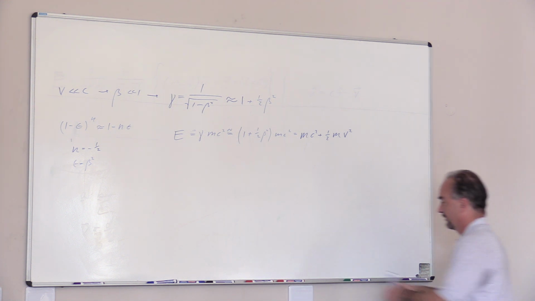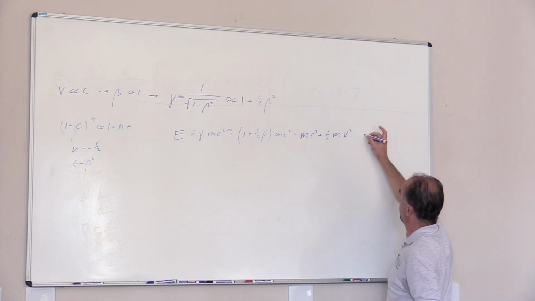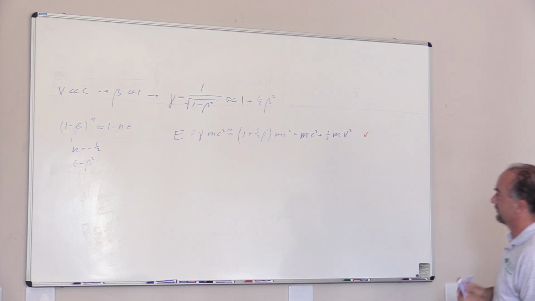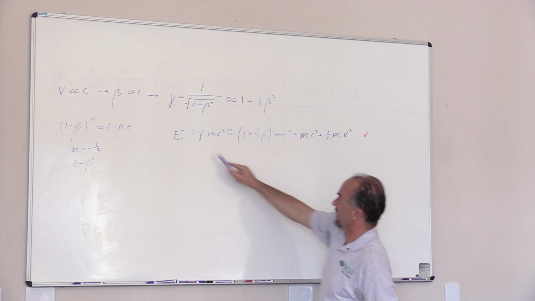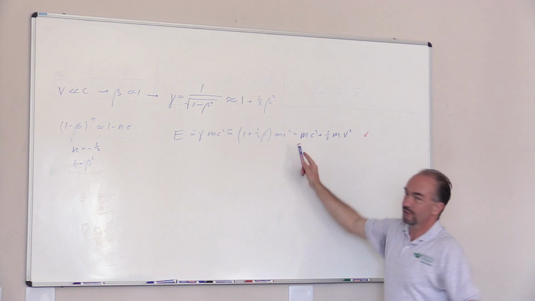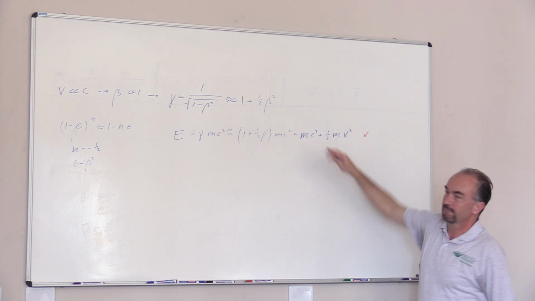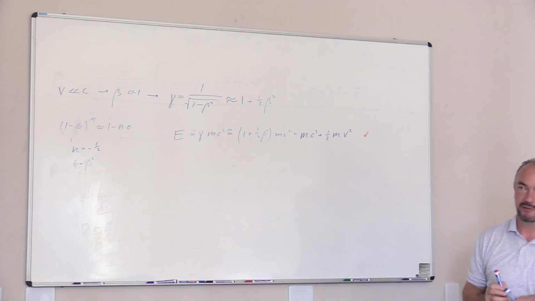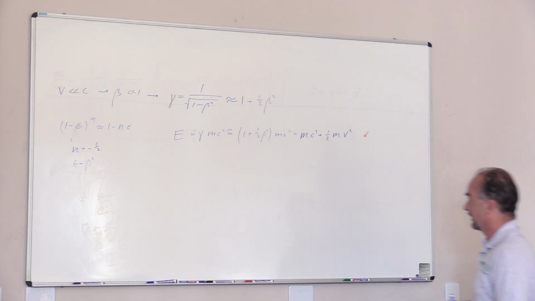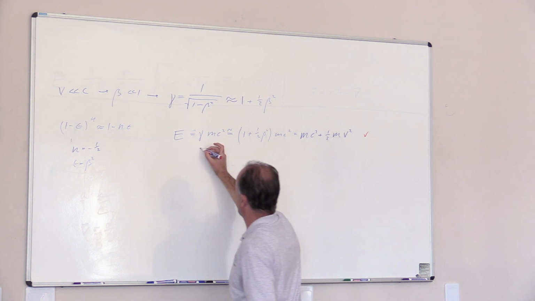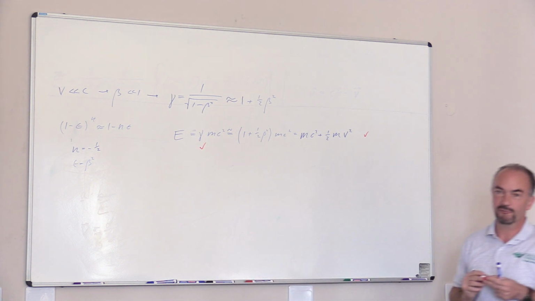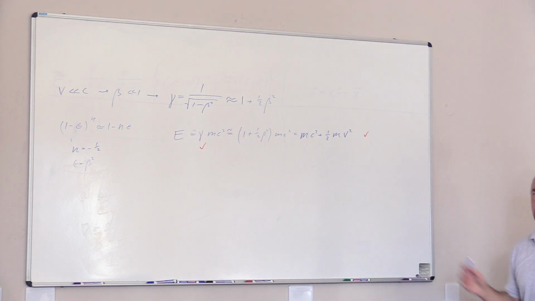That is nice. So we recover in the non-relativistic limit that the energy is just the rest mass energy that is always there as long as the particle exists, plus the non-relativistic kinetic energy. So again, we've verified that this really makes physical sense and we recover what we know from classical dynamics.